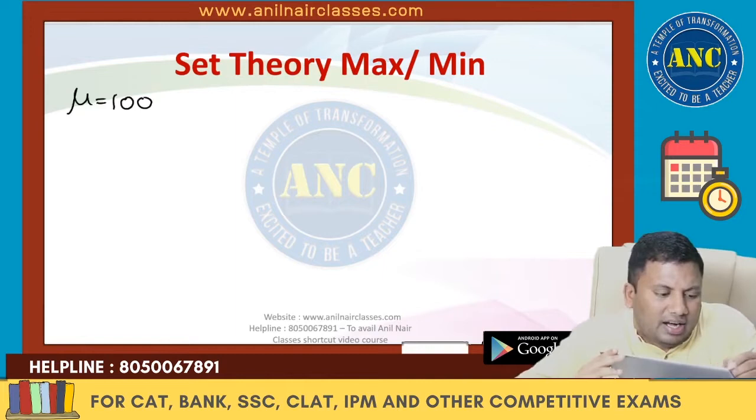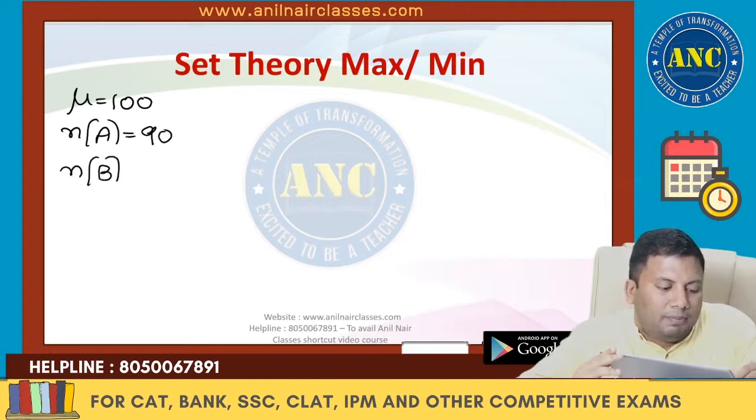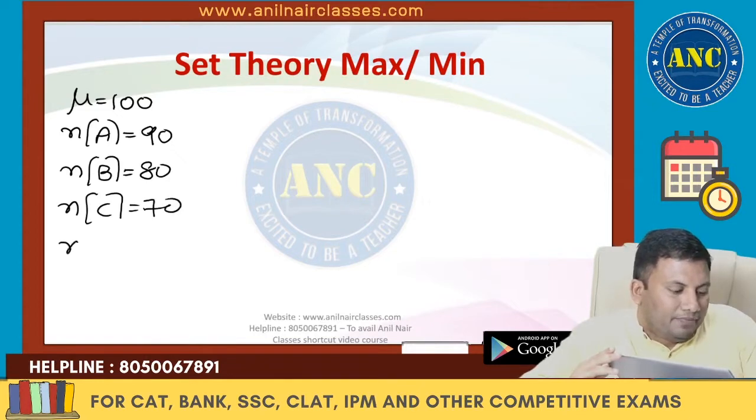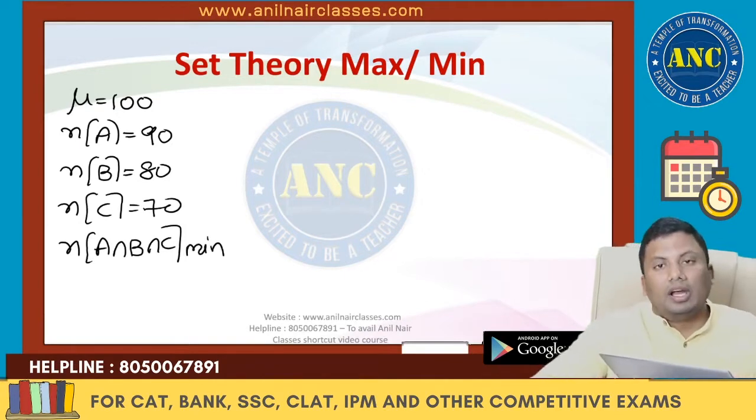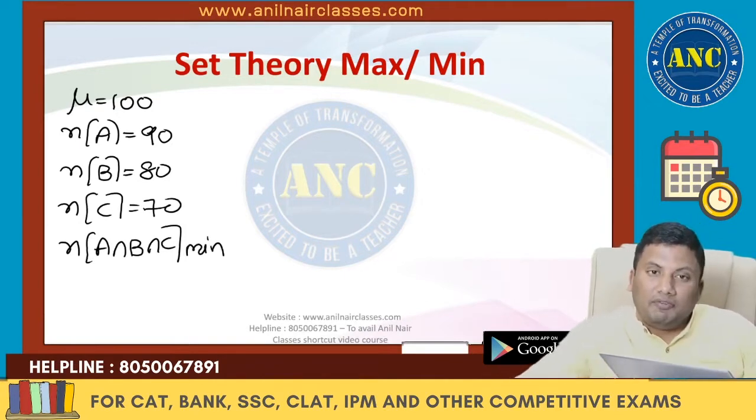Mu is 100, N of A is 90, N of B is 80, N of C is 70, N of A intersection B intersection C, minimum. Listen very carefully, sir.